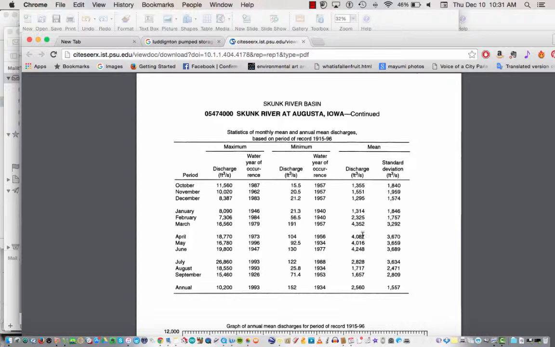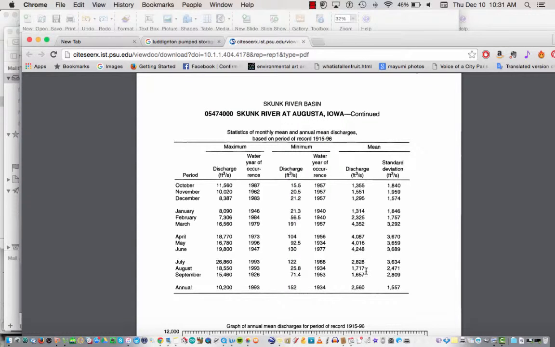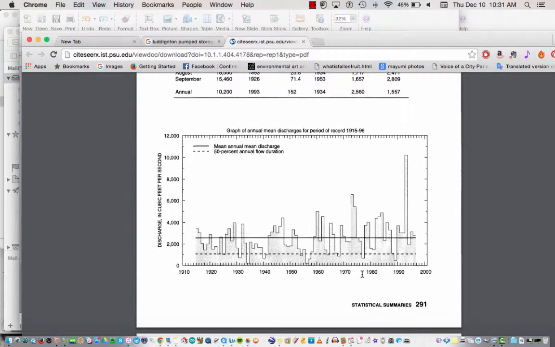It has a peak in March, April, May, and June, and then goes quickly to a minimum in August, September, October, November, and December. It looks like a ratio of about 2.5 or 3 to 1 between the best months and the worst months.